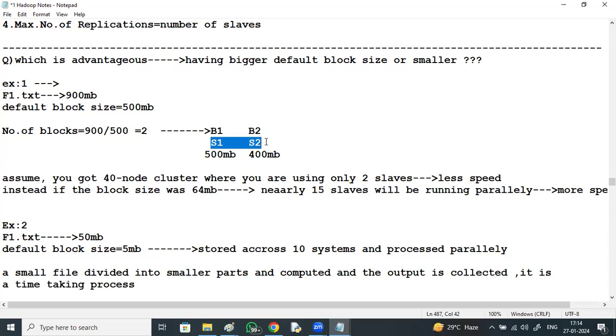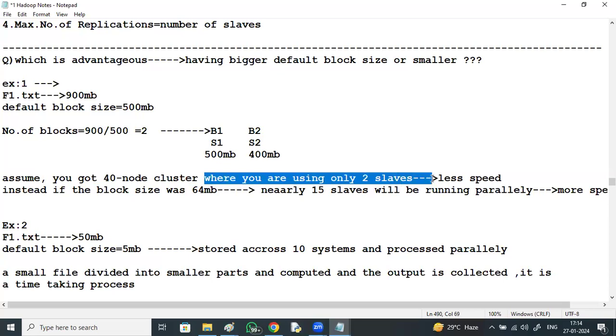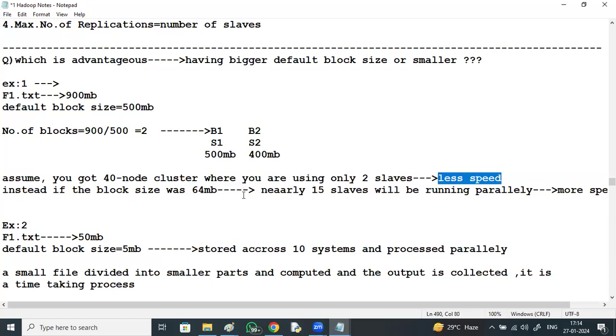You brought 20 labors, but you gave the task to only 2 labors. They're running parallelly. If I gave the same work to 20 labors, it would have been completed fast. In the same way, if you have a 40 node cluster, where you are using only 2 slaves, less speed.